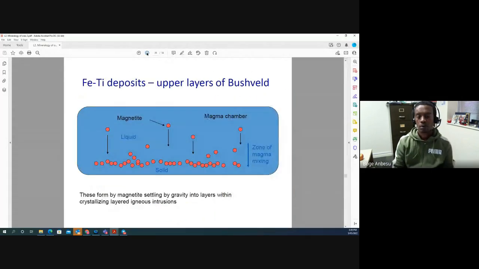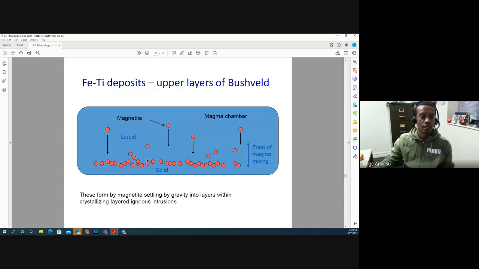And how do those deposits form? As I was saying, you have a volcanic activity where everything has melted, turned into liquid, but as it settles down, those red dots that you see there are individual crystals of magnetite, or individual crystals of heavy element, sinking to the bottom and solidifying.